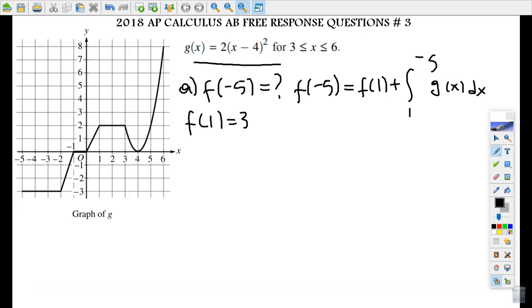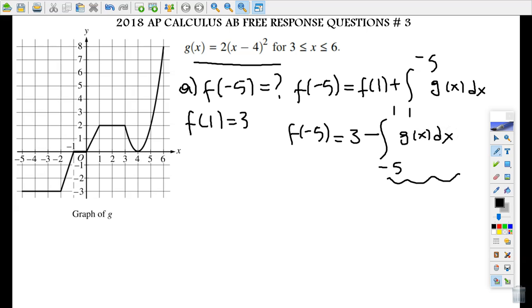We know the value of f of 1, which is 3. I'm going to put a minus because the upper limit is less than the lower limit. In that case, we need to put a minus and switch the limits. So we get from -5 to 1 g of x dx.